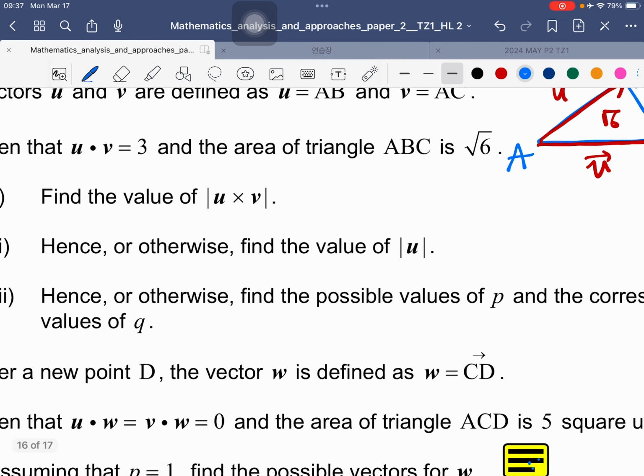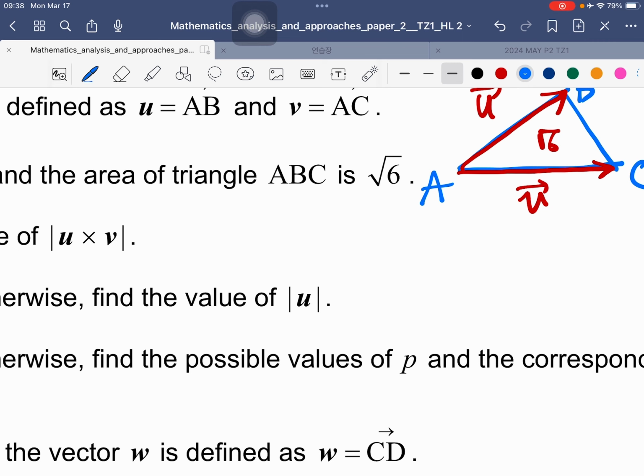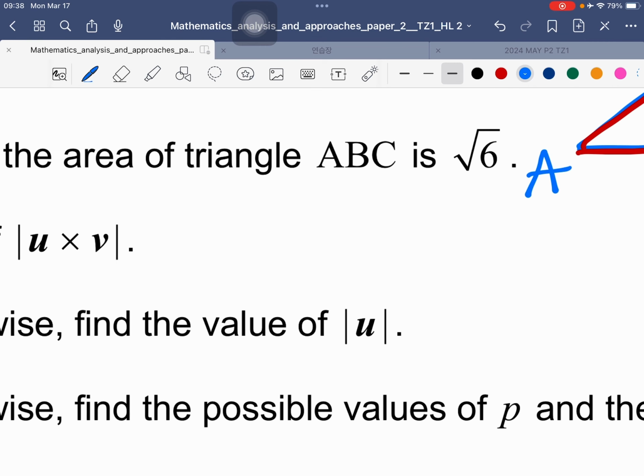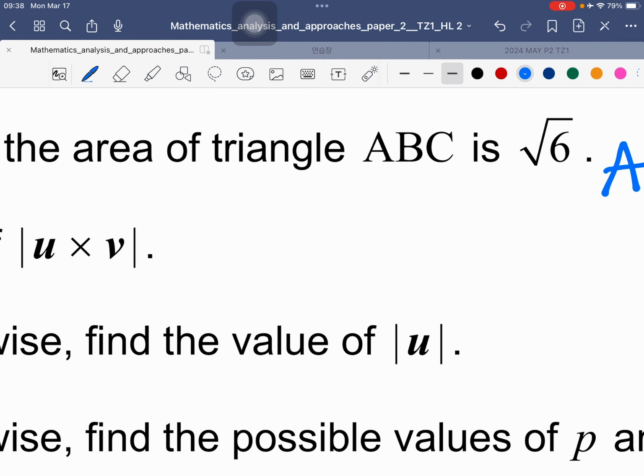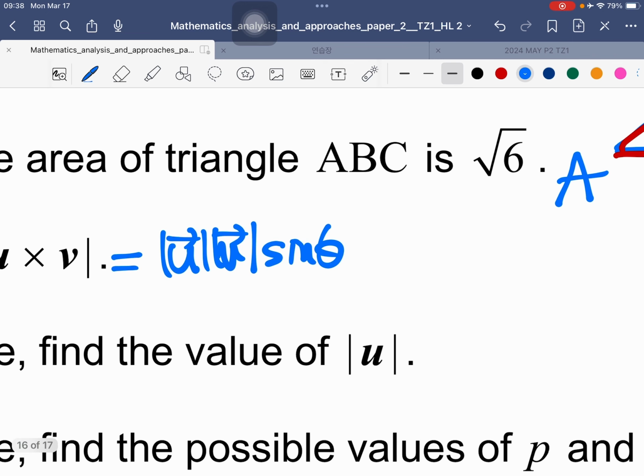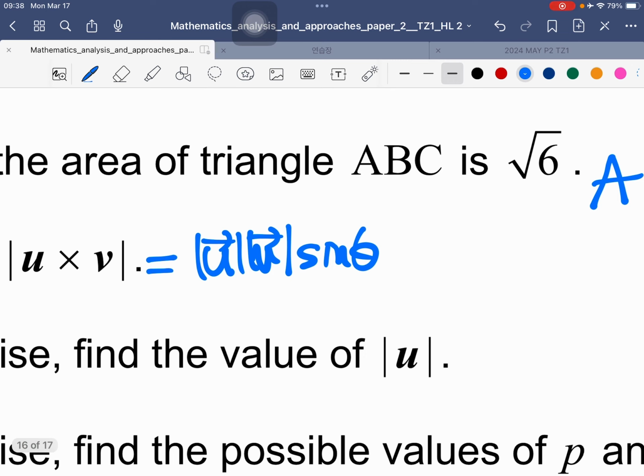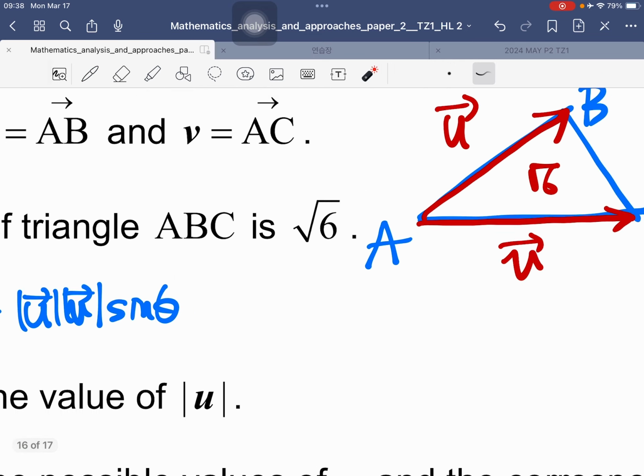So by definition, the magnitude of u cross v is the magnitude of u times the magnitude of v times the sine of theta. Which means that this is the area of the parallelogram created by u and v.